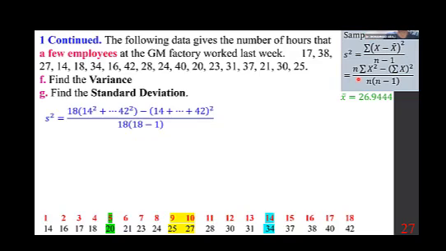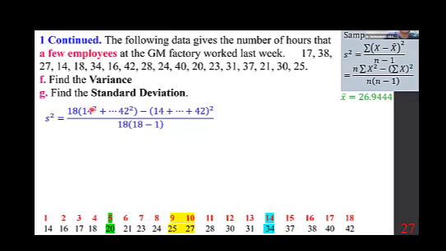So speaking of the second one, here's the S squared. N, we have 18 pieces of data. Summation of X squared means add them up, 14 plus 16, all the way to the last one, 42, and square them.